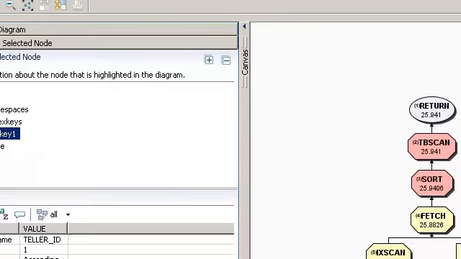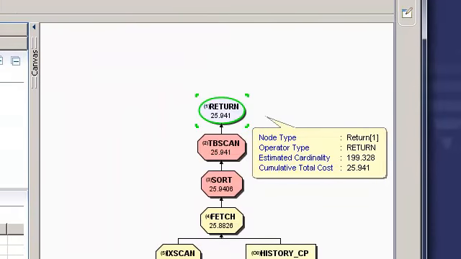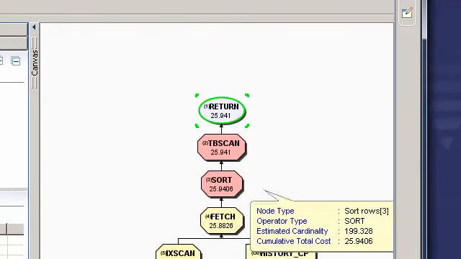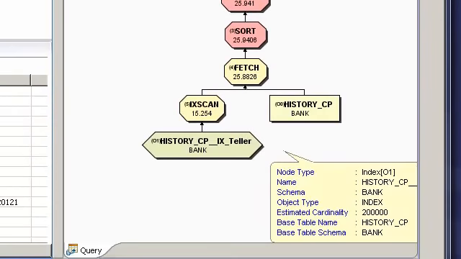Now, here when we look at the return, we can see that overall the access plan's estimated cost is under 26. So this was compared to 2,200. So it's roughly 1% of the cost of the other access plan.